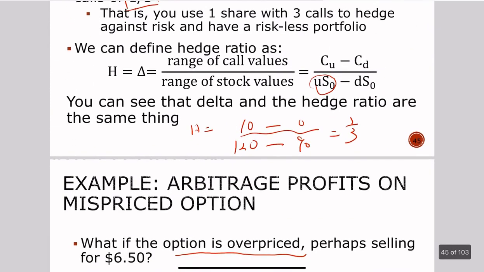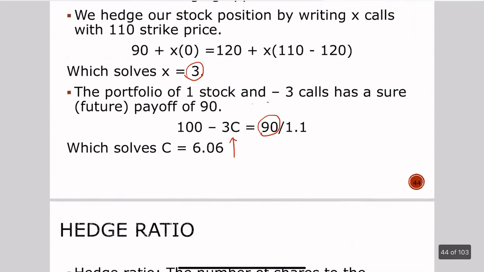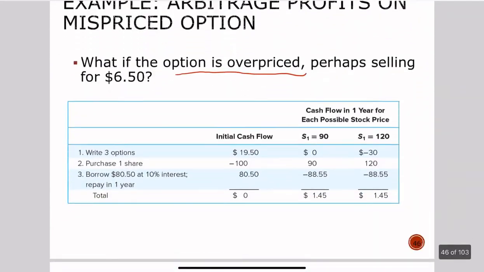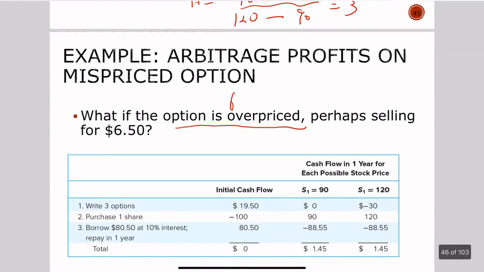Because we know that using either the replication approach or the hedging approach, the option value is 6.06, right? That's the fair value. And if it's overvalued, let's assume it has a price of 6.50.